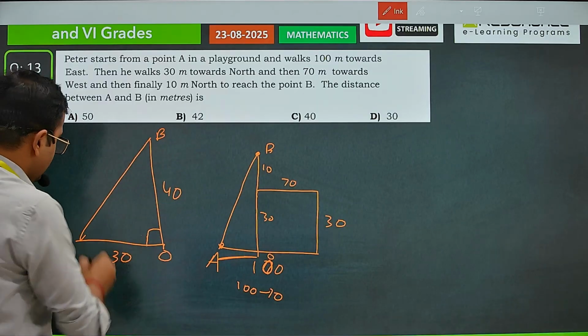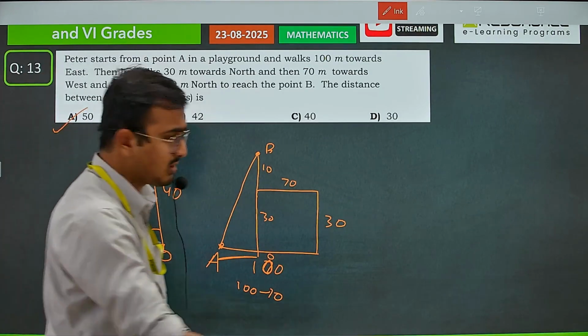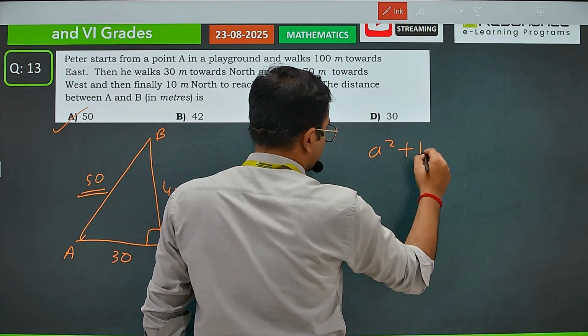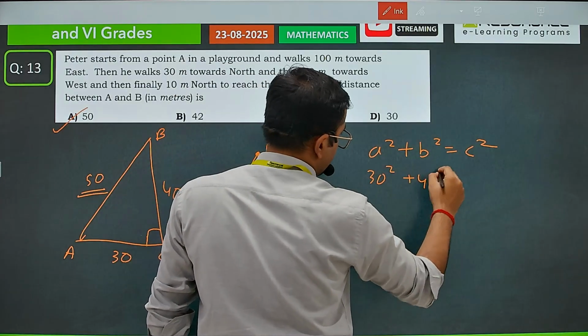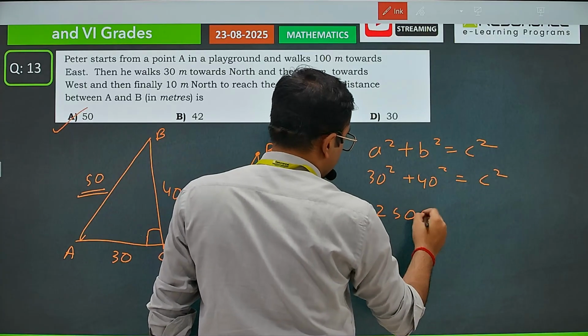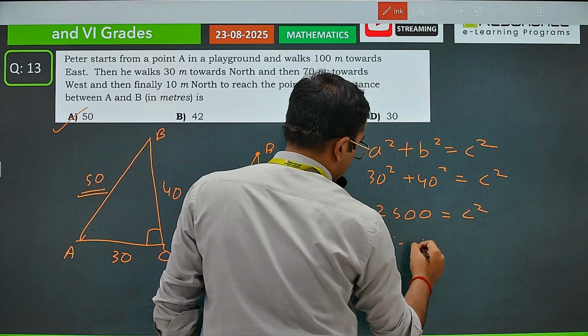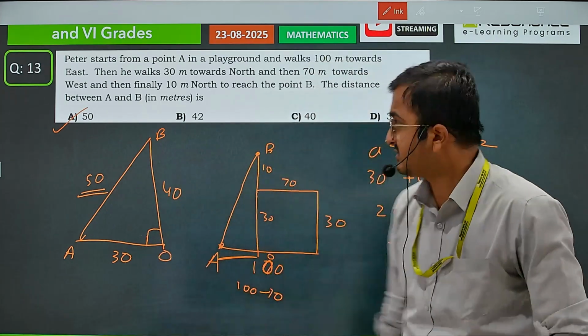Pythagorean triplet, so this will become 50. That is a square plus b square is equal to c square. So 30 square plus 40 square is equal to c square. You will get 2500 as c square, which means c is 50. As simple as that.